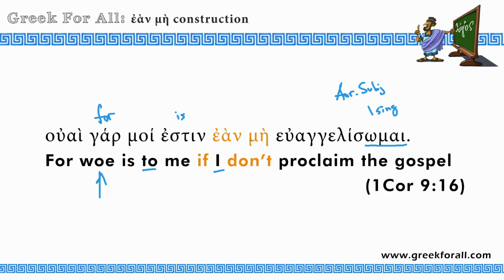And because we have this negative particle, we need to say I do not proclaim the gospel, or unless I proclaim the gospel. So let's just see how it goes. For woe is to me unless I proclaim the gospel. Or we could say, for woe is to me if I don't proclaim the gospel.